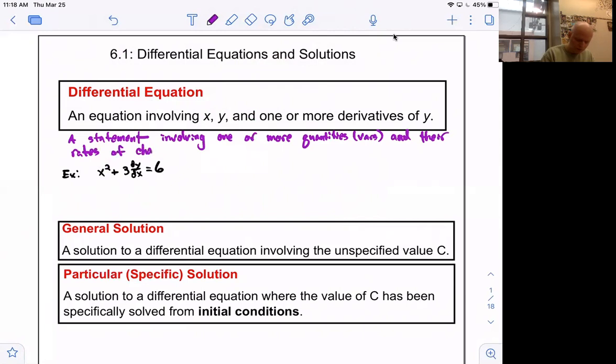So a statement about how quantities are related to rates of change, which is just another way to say differential equation. So this is an example of a differential equation.